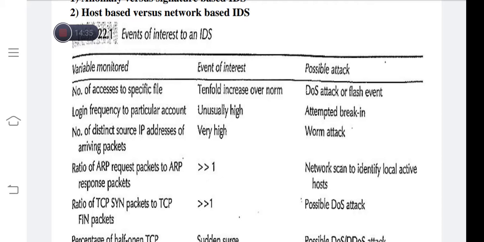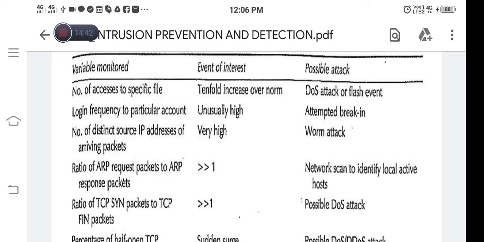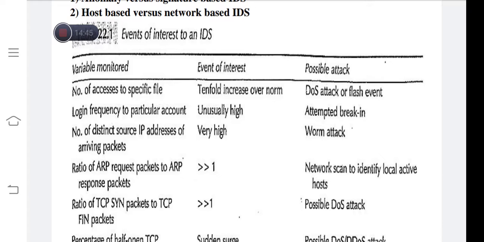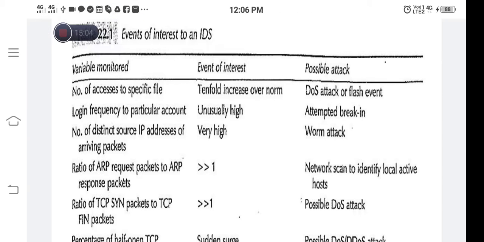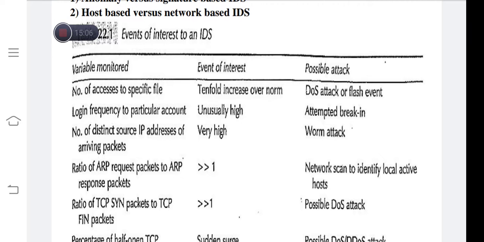Here we are seeing the columns: variable monitored, event of interest, then possible attack. That is, how the intrusion detection system is going to find out what type of attack is possible. What parameters is it going to measure, and depending on what, is it going to analyze the type of attack?